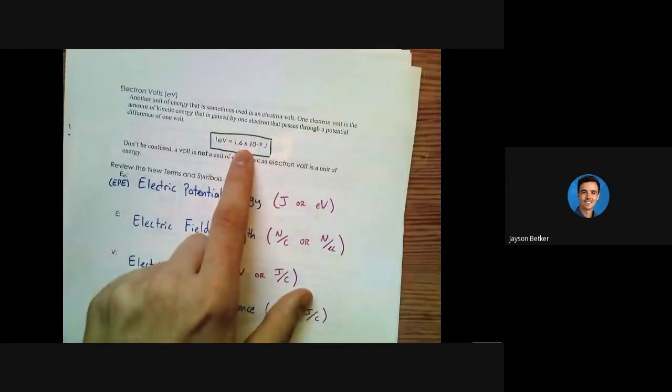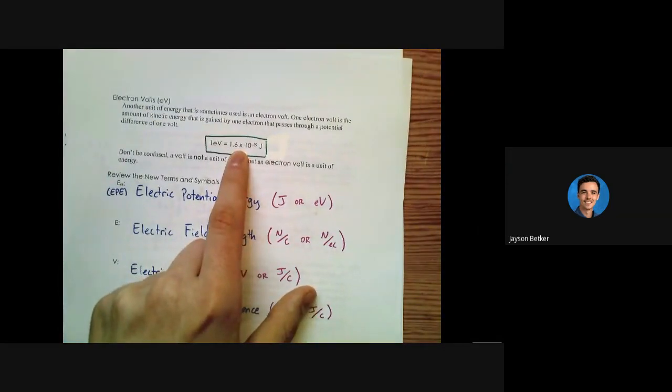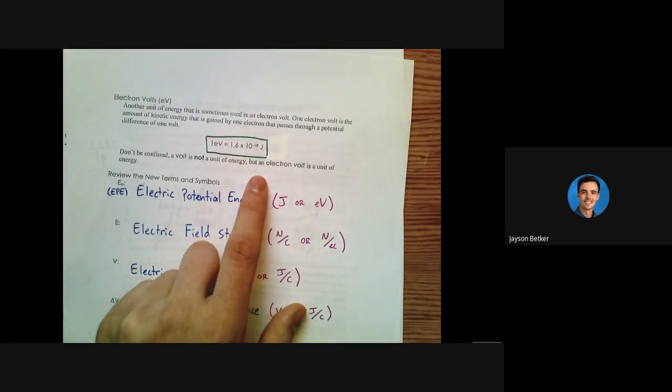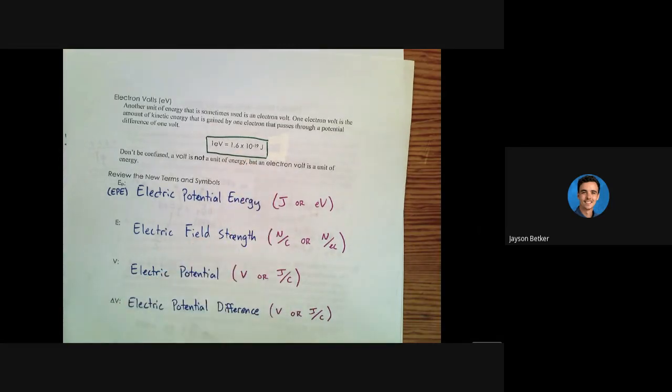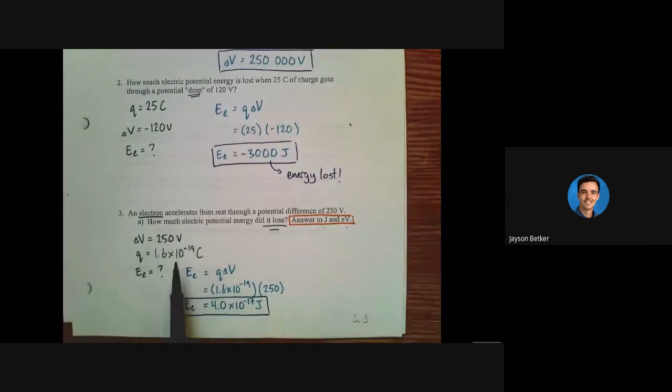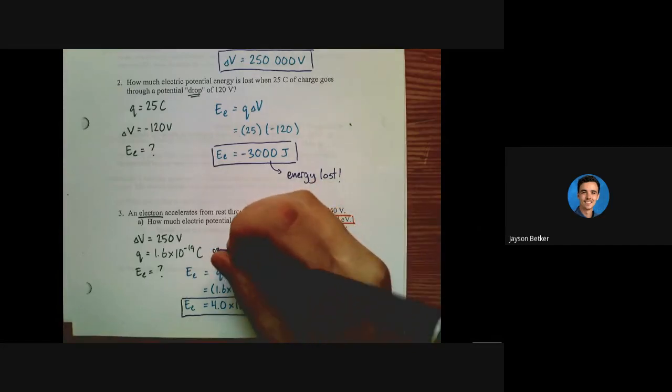1 eV is equal to 1.6 times 10 to the negative 19 joules, right? And that really comes from the fact that one elementary charge is equal to 1.6 times 10 to the negative 19 coulombs. So really the difference here is between me actually writing out 1.6 times 10 to the negative 19 or just using e. You can also just use 1 e.